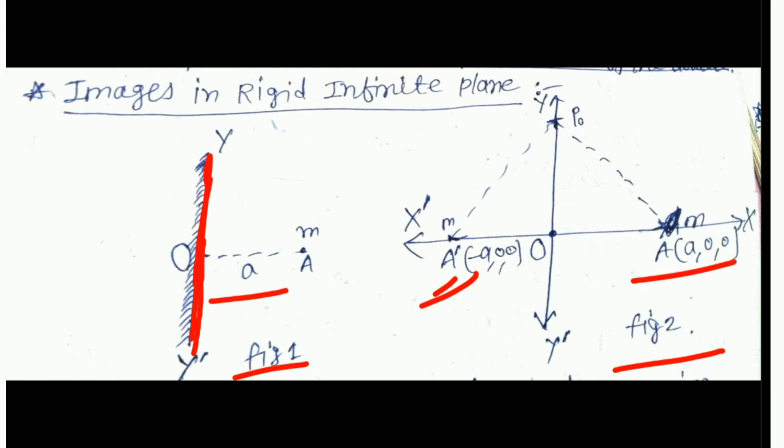Now consider in this figure 2, in which we have equal sources of strength m at A of minus a, 0, 0 and at A dash of a, 0, 0.